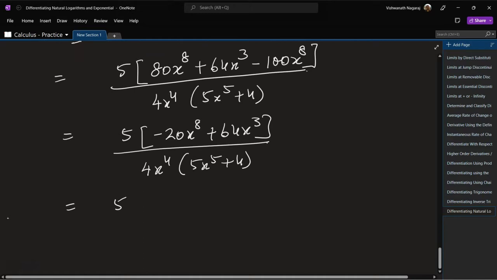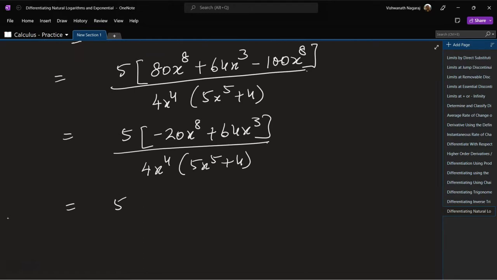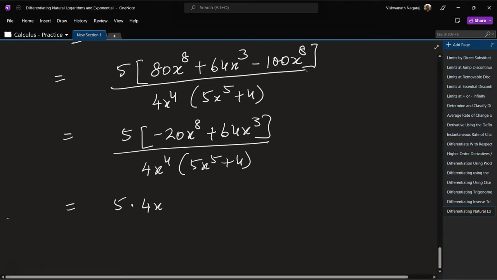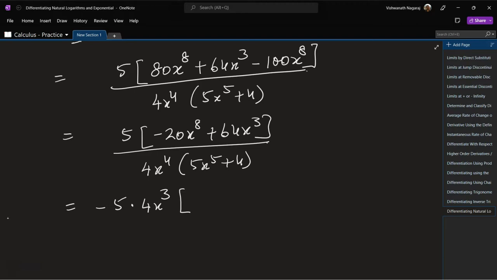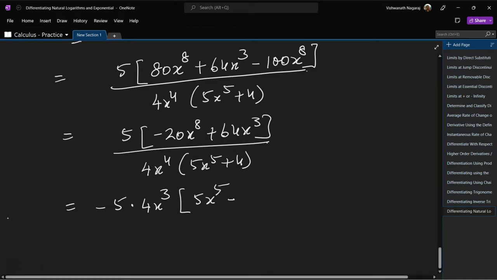Which is equal to, now let's take common out, let's take 4x cube out, and let's take the minus also. So minus 4x cube, which means 4 5s are 20. So 5x^5 minus, because we have taken the minus, 4 ones are 4, 16.